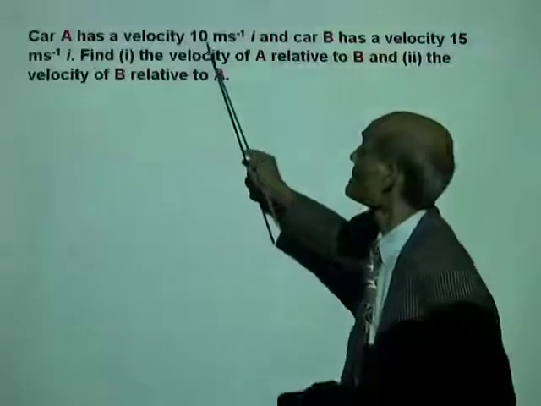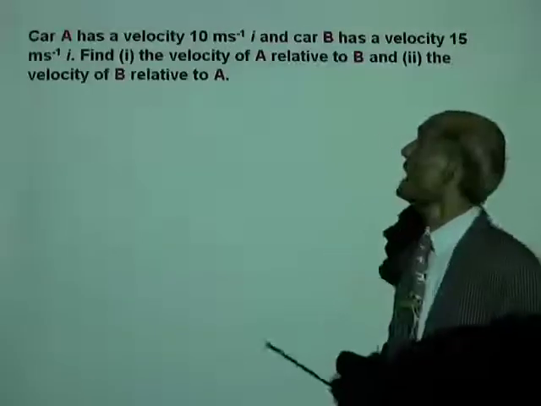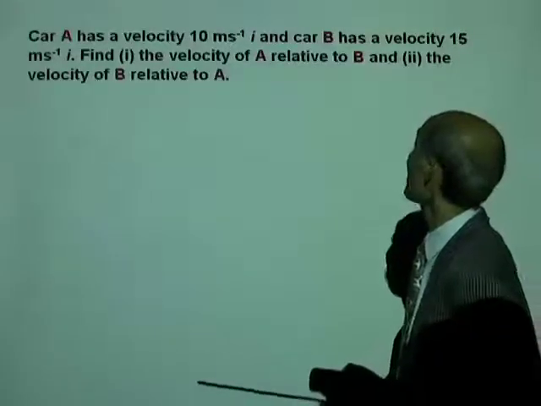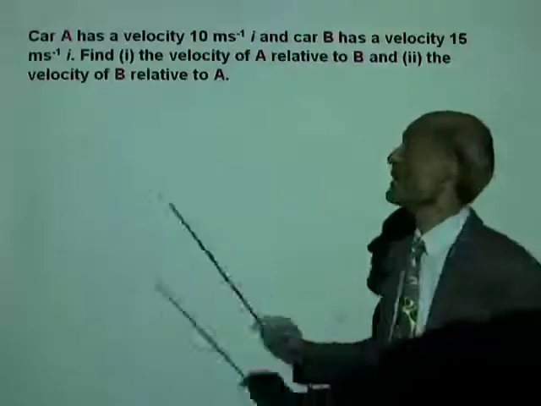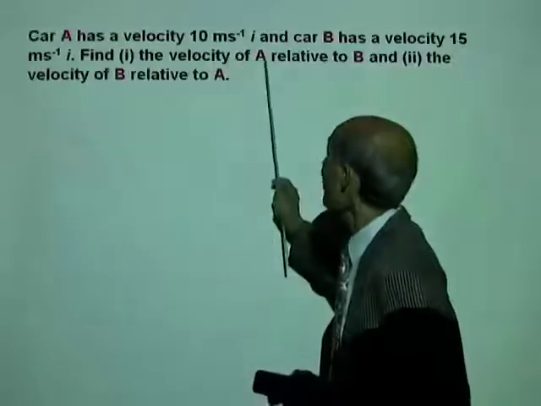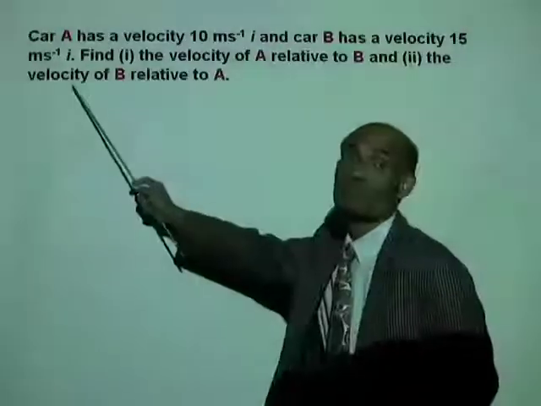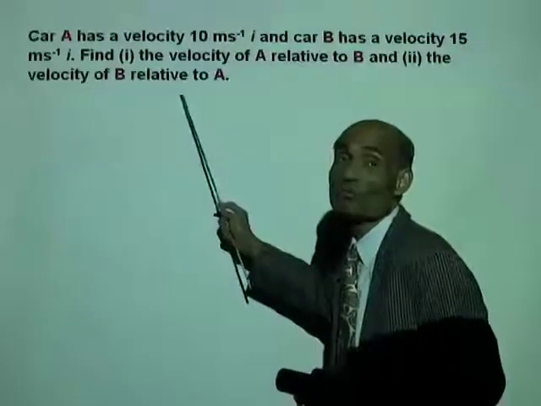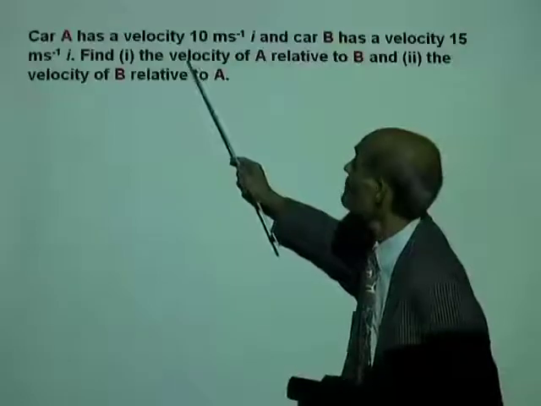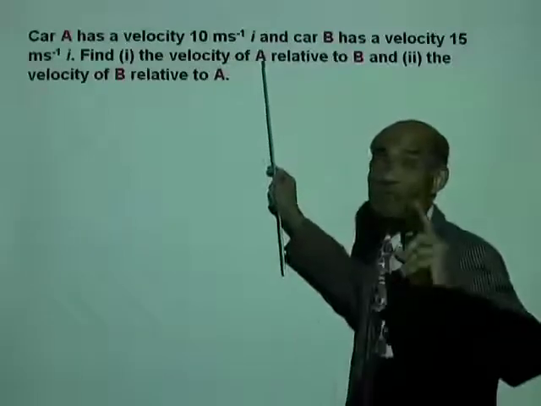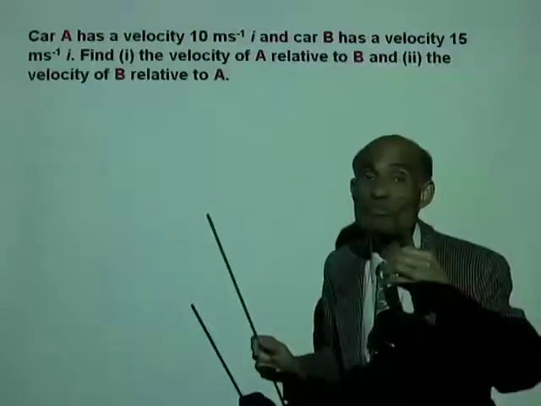Car A has a velocity of 10 meters per second i, and car B has a velocity of 15 meters per second i. Find 1, the velocity of A relative to B, and 2, the velocity of B relative to A. So in the first case, we need to find the velocity of A relative to B, which means B is the reference frame.